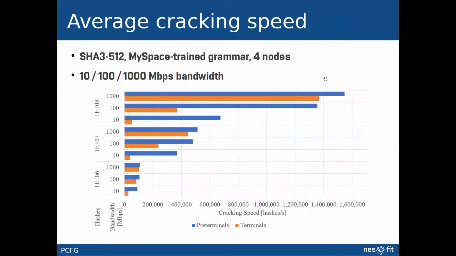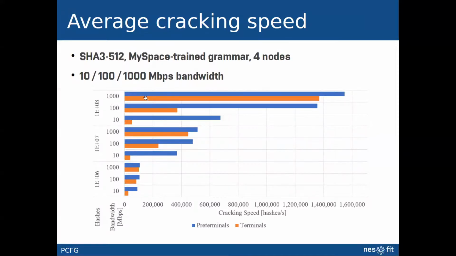Another graph here shows the same algorithm, the same grammar, but only 4 nodes. And here we analyze the effect of the link speed. We can simulate a congested network, for example, by lowering the bandwidth.